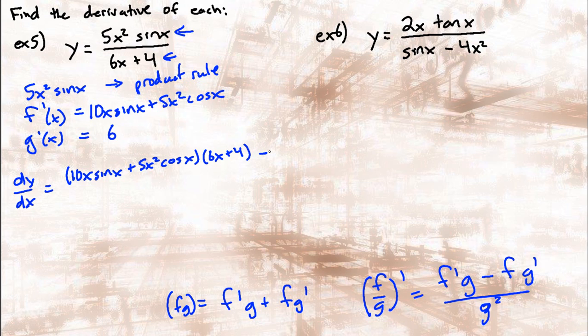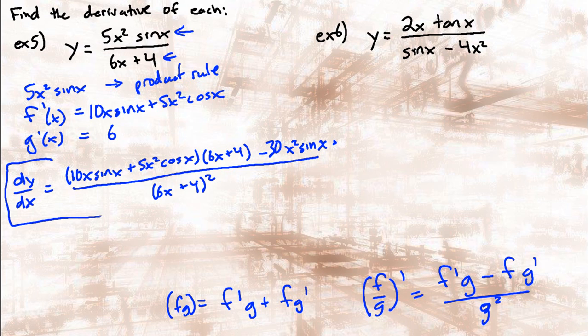Minus the numerator times the derivative of the denominator. I'm just going to skip a step, and instead of a 5, we'll put a 30, because the derivative of the denominator is 6, so we'll just multiply that right away. Save a little bit of work. And then the denominator squared, so 6x plus 4 squared. And really, we could just say, here is the answer, and not do anything else.